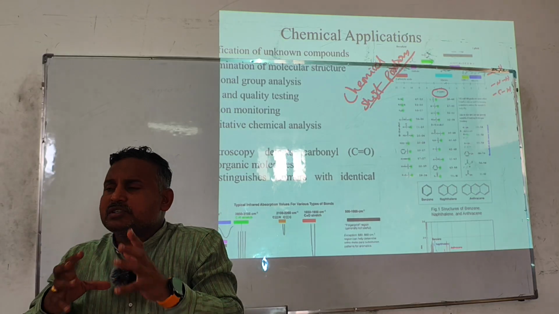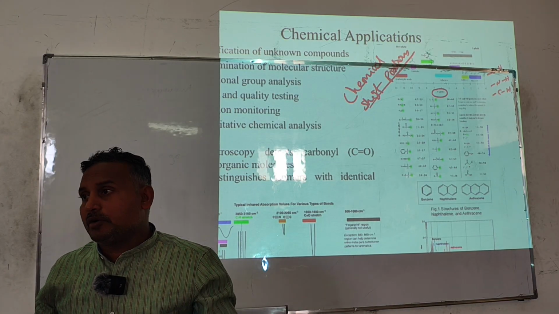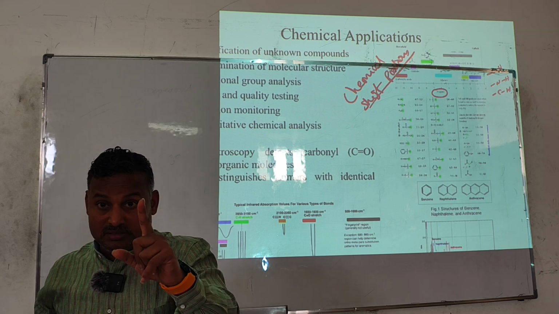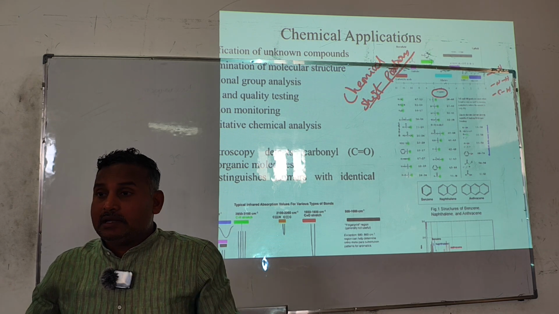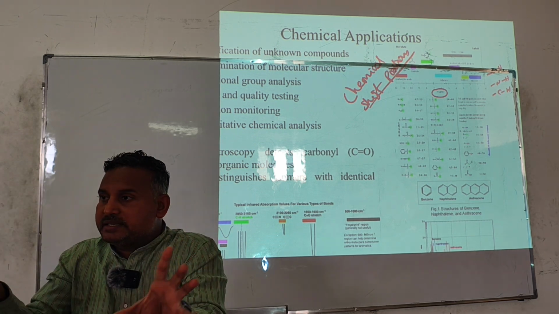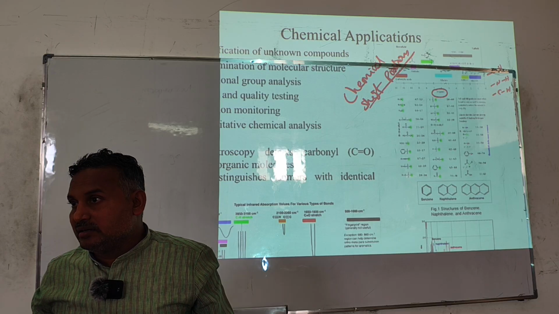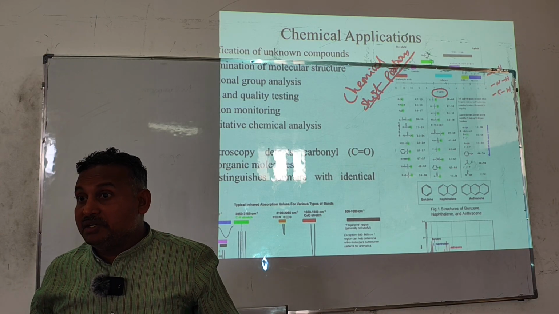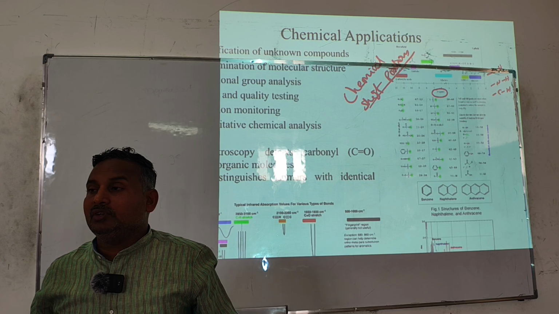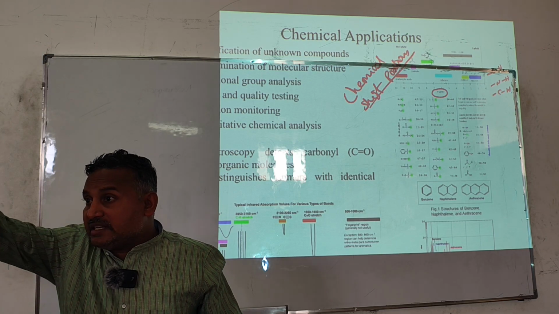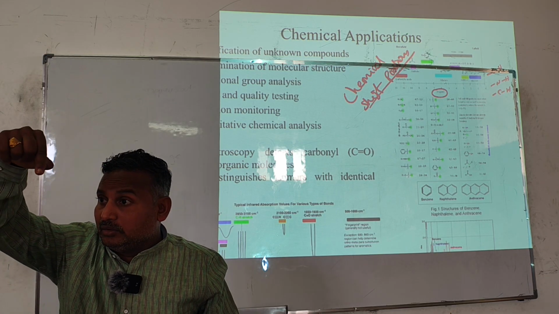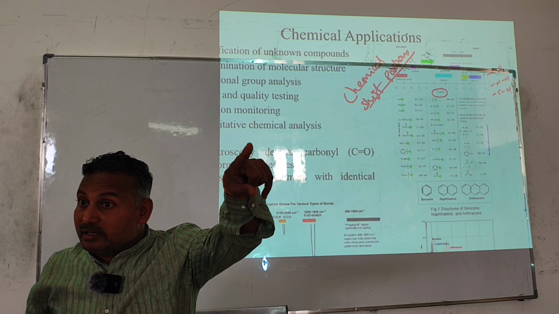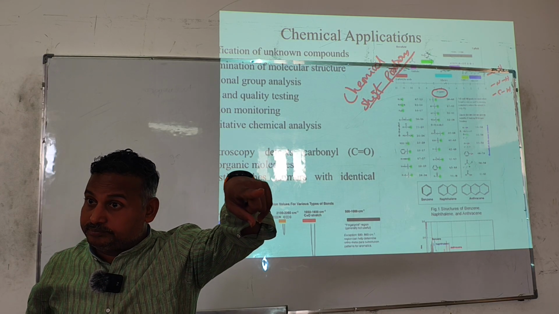UV visible will give you some information about conjugation in the compound. IR will give you information about functional groups. NMR will give you the basic skeleton, the backbone of the carbon chain. Accordingly, you need to attach the functional groups which are confirmed by the IR.